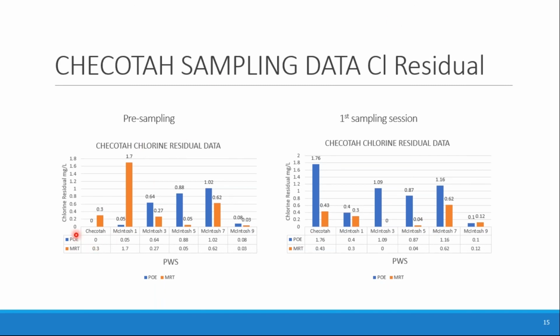For some reason, chlorine residual wasn't measured in the first round of sampling, and in the second there was a higher chlorine residual. Not sure if that's because of the flushing that they did, but throughout the point of entry, the residual didn't change much.